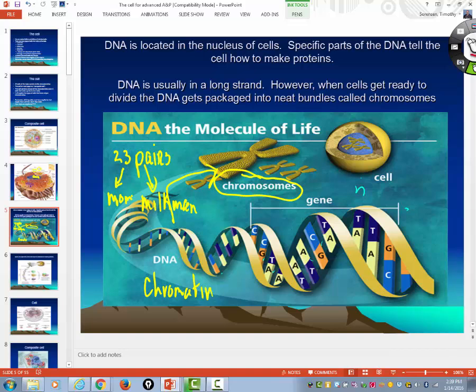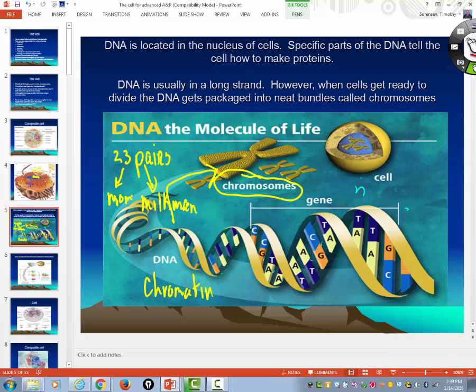Just playing. And each one of those chromosomes is homologous. That's a fancy way of saying that they match up. So the chromosome that you got, the DNA that you got from your mom that determines your hair color, the chromosome matches up that DNA from your dad.